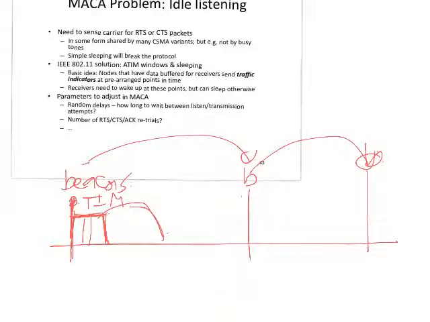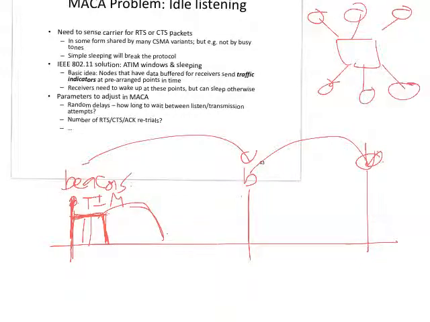During the TIM period, each node has to be awake to receive this TIM. This TIM will let the nodes know whether the access point has data for them or not. And this is useful for downlink, so for this direction, from the access point to the nodes.